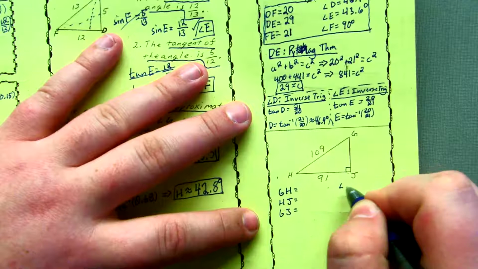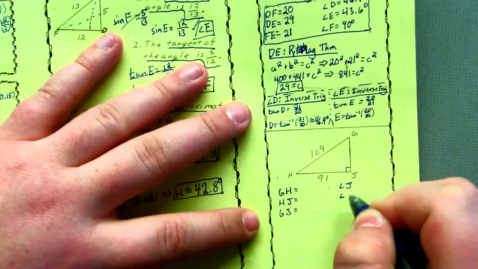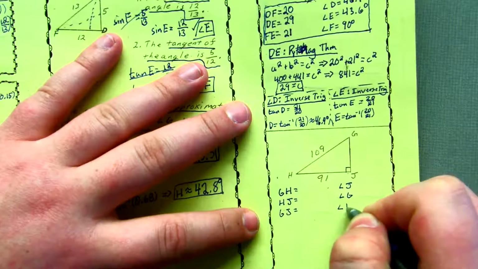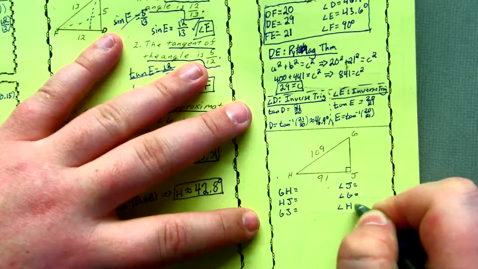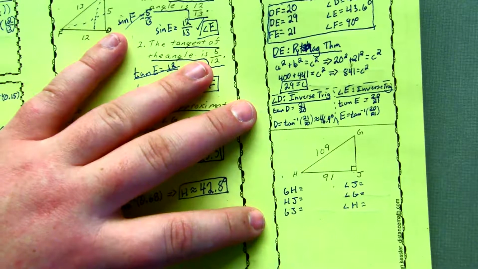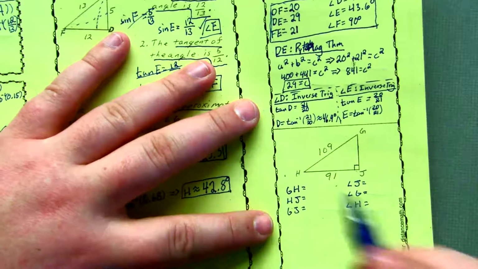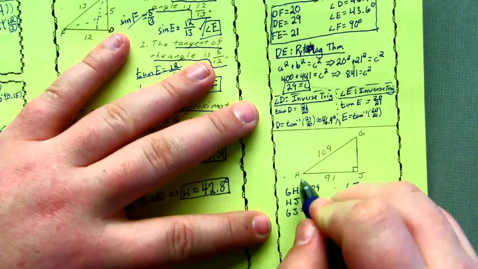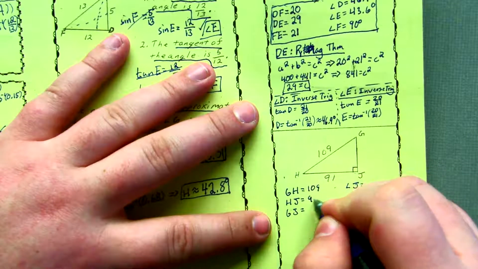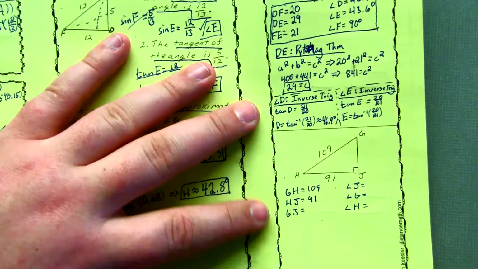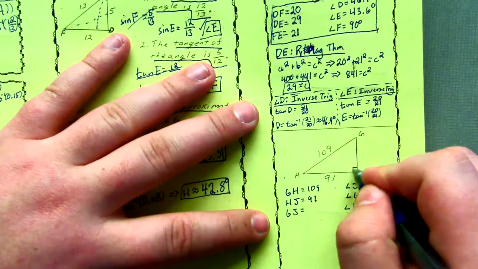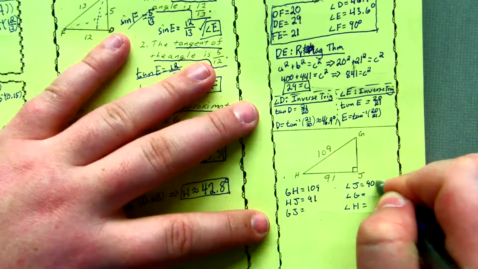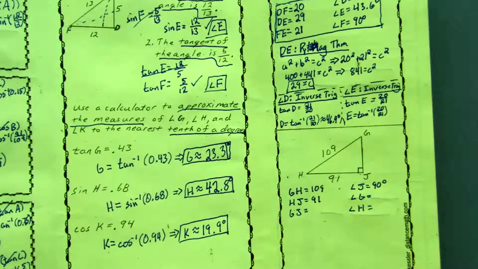We've got angle J, angle G, and angle H. I look at my diagram and I see, we've got GH, so let's fill that in there. We've got HJ, so we can fill that in. And then we've also got angle J, so we can fill in our last piece there, 90 degrees. You'll always get 3 pieces of information, 100% of the time on these.